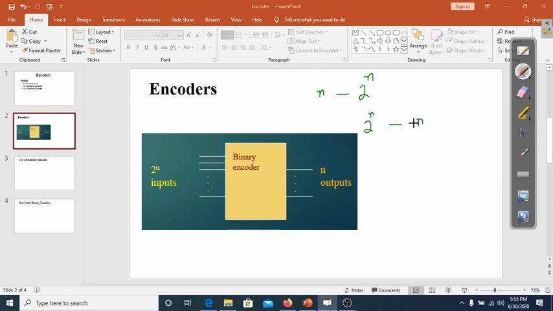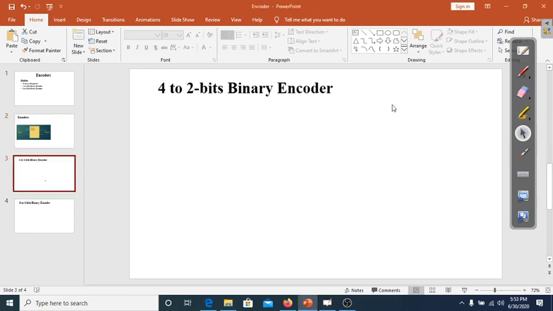Let us talk about some examples. First, we'll talk about the 4 to 2-bit binary encoder. In the 4 to 2-bit binary encoder, we have 4 data inputs, and those we will describe with 2 binary outputs. As you know, if we have 4 data lines, with the help of 2 binary bits, we have 2 raised to power 2, which is equal to 4.